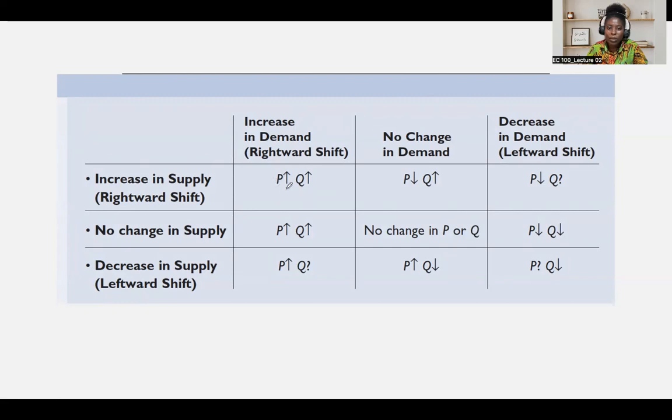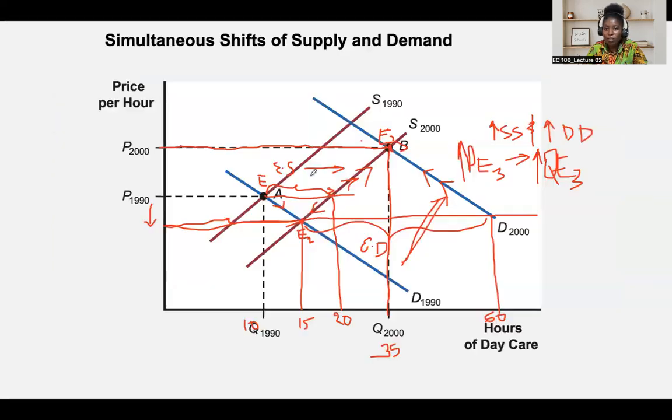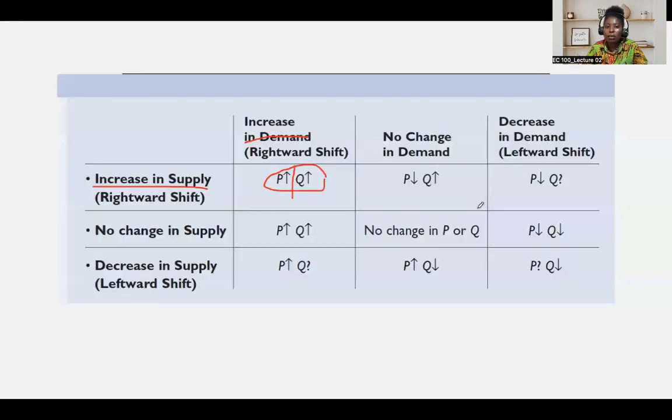This is where you look at the chart, okay? Here there's an increase in demand, rightward shift, and an increase in supply, right? So our price has increased and quantity has increased. Price increased and quantity increased.